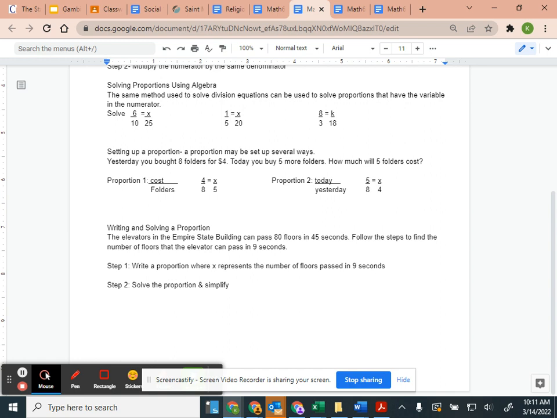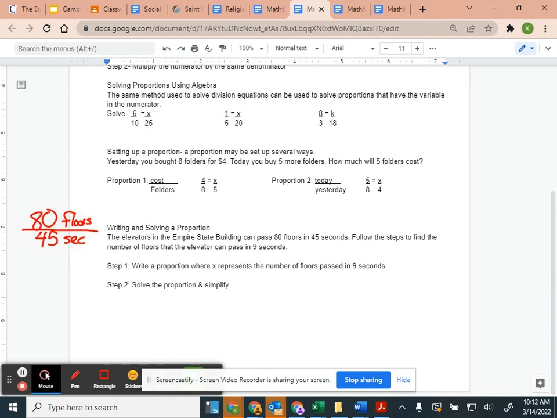I'm thinking that it is 80 over 45. So 80 floors. Remember, I want to put my labels in 45 seconds. So what is the other part of the proportion? What else do I have to put, Tristan? X over 9.